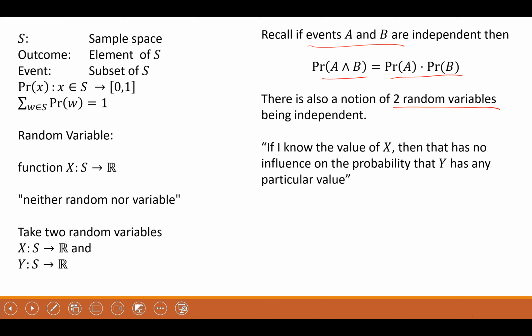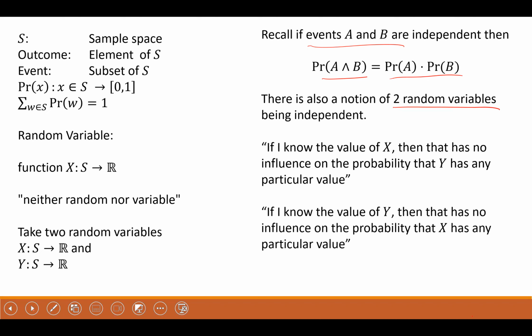The ones in X will change, of course, because if X is equal to k, then it can't be equal to, for instance, k minus 1. But whatever the probabilities of your events in Y are, those all stay the same. So I tell you X equals k and you have no better guess as to the value of Y, then they're independent.